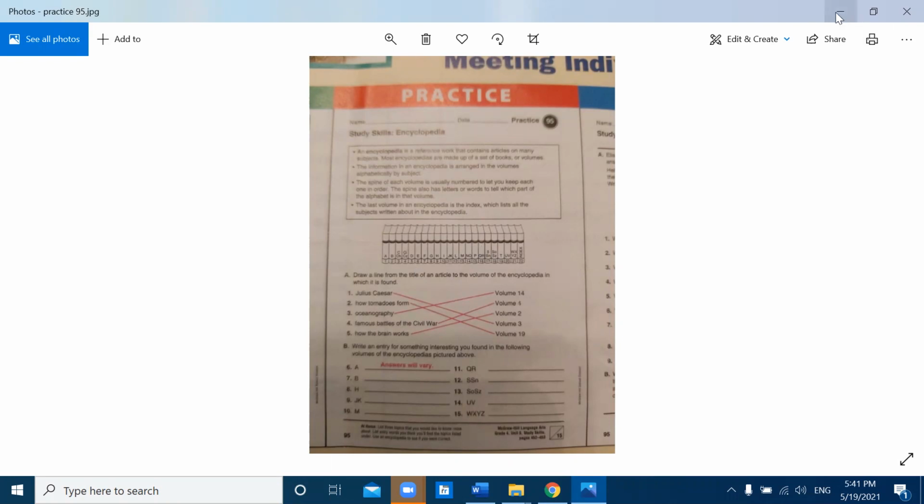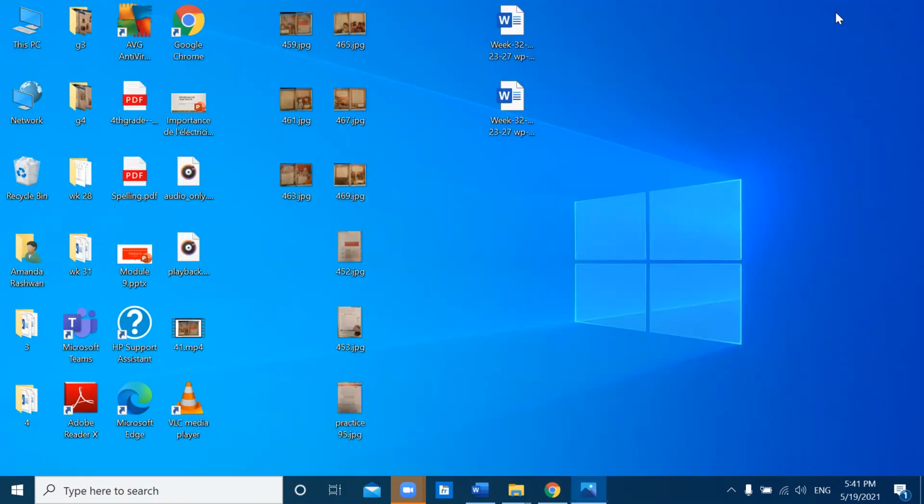All right, now I'm gonna pop this back down. If I was an online student, I would pause the video right now and I would do practice workbook page 95, which just has you matching up the encyclopedias to the topics. I would do it just to make sure I understood how I would look up the information.